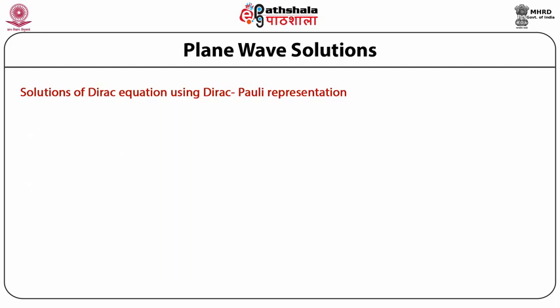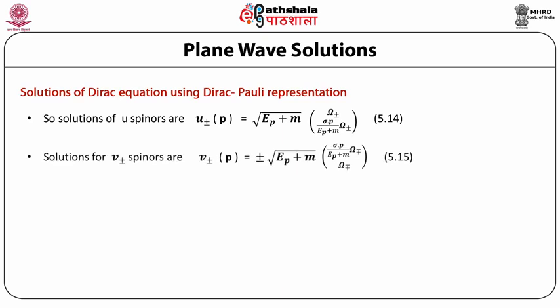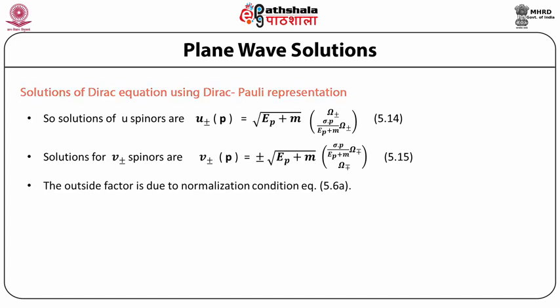When we do this, we find the solutions of the u spinors can be written as u^±(p) equals the square root of (E_p + m) times (ω^±; σ·p/(E_p + m) ω^±). And for v^±(p), equals ±the square root of (E_p + m) times (σ·p/(E_p + m) ω^∓; ω^∓). The outside factor is due to the normalization factors which we got earlier.